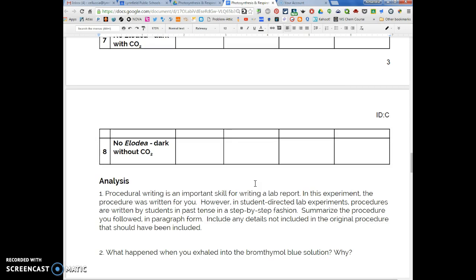So you'll want to communicate with your group members about what you did and about what they did in the procedure. In this case, you're going to be doing it in paragraph form. It's all written in past tense, but no personal pronouns should be included.